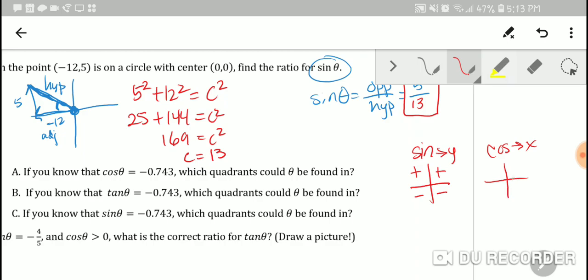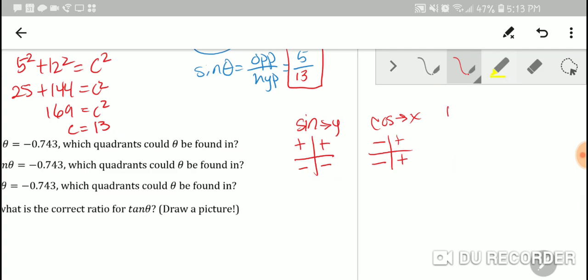X is positive in first quadrant and fourth quadrant, negative in second and third. And then tangent is going to be your y over your x. So we just need to divide. So we'll do first quadrant, positive divided by a positive is a positive. Second quadrant, positive divided by a negative is a negative. Third quadrant, negative divided by a negative is a positive. And lastly, fourth quadrant, negative divided by a positive is a negative.